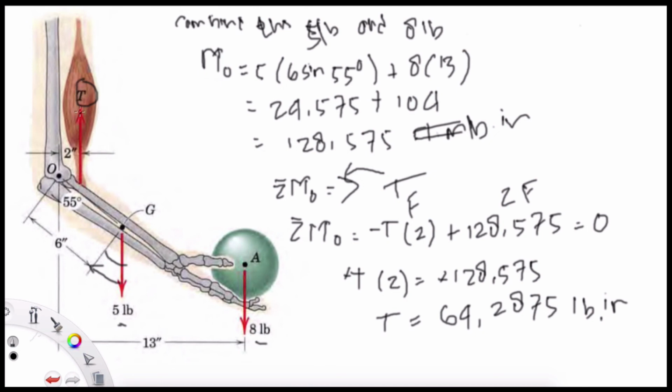It means the T times the distance of this one to the point O. Here it is 2 inch, so it will be minus tension times 2 inch plus the resultant of the force, 128,575, and then we calculate and divide by 2, and we will have the value here, 64,2875 pound inch.